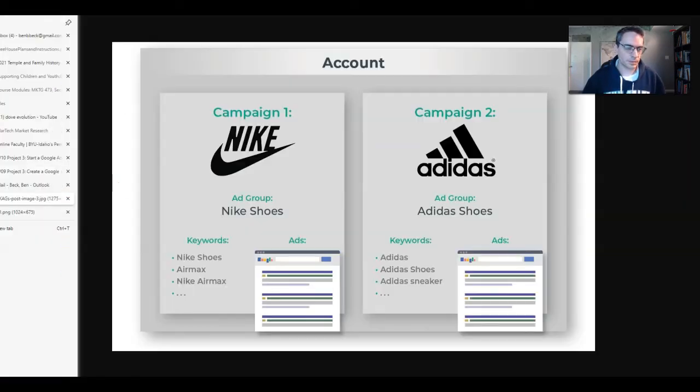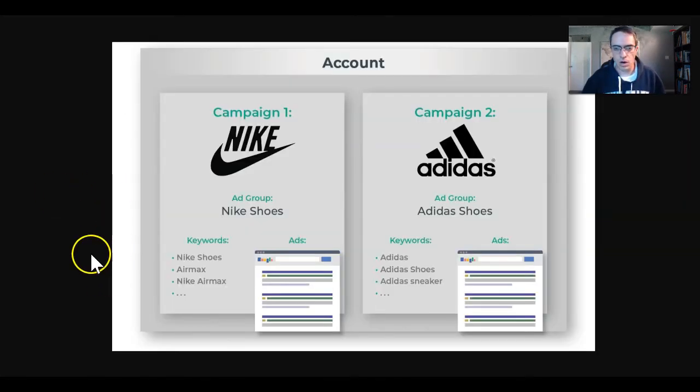For example, if you have a shoe website and you're selling Nike and Adidas, if you have a Nike shoes ad group and then 10 keywords, your 10 keywords may cover things like Nike shoes, Air Max, Nike Air Max. It might include different brands of Nike, these same keywords in this ad group.